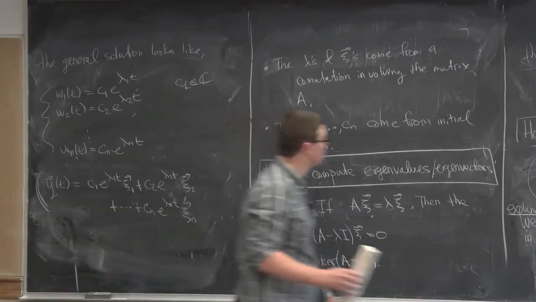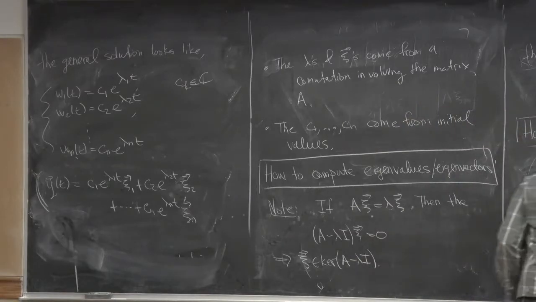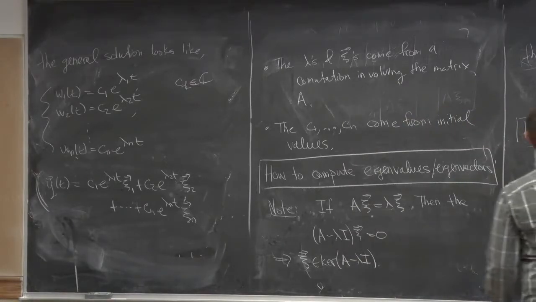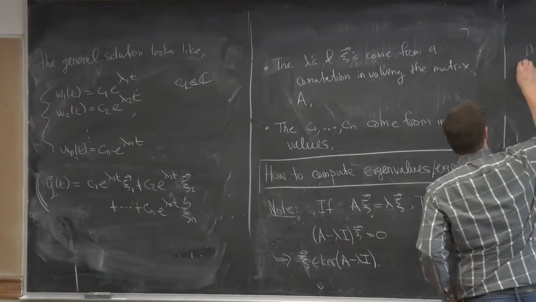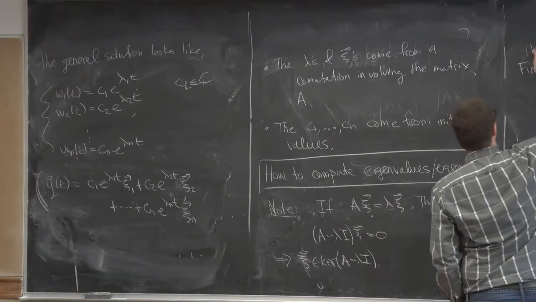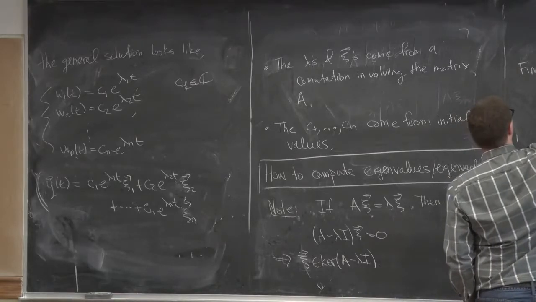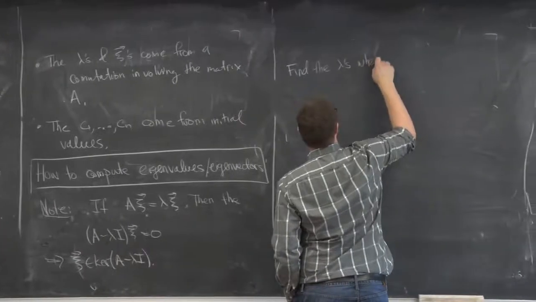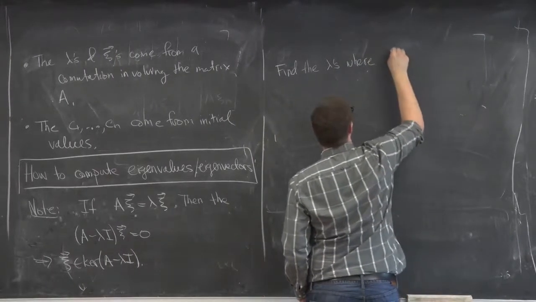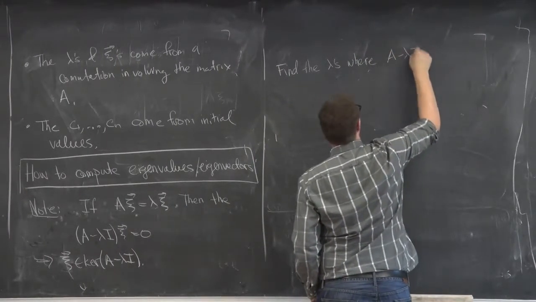You recall that a matrix is singular if and only if its determinant is 0. So we find the values, the lambdas, where A minus lambda I is singular.